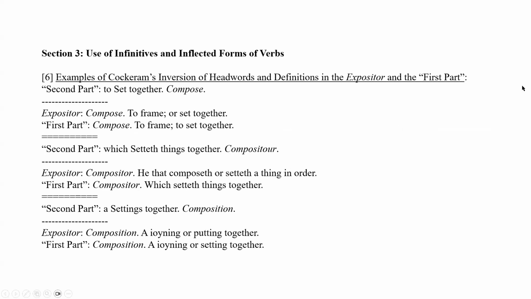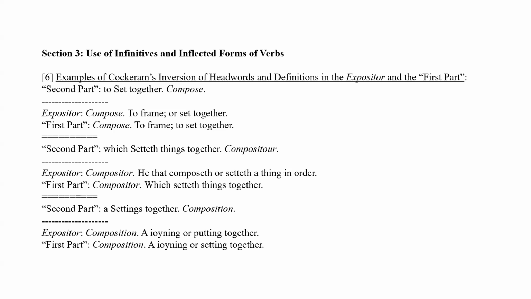Section 3. Use of infinitive and inflected forms of verbs. Cockeram often provided multiple entries to list the derivatives of refined terms as well as the root word. This led to his unique use of infinitives and inflected forms of verbs of high frequency in the head phrases of the second part.